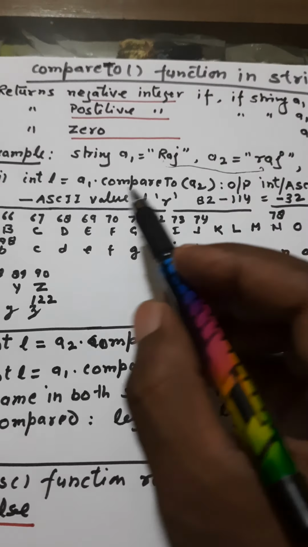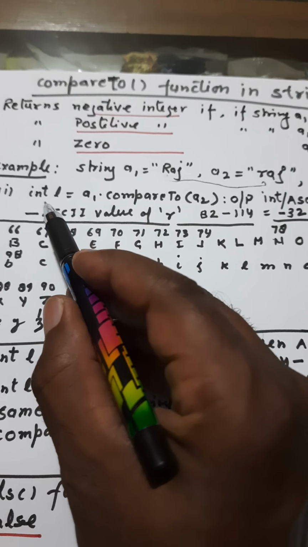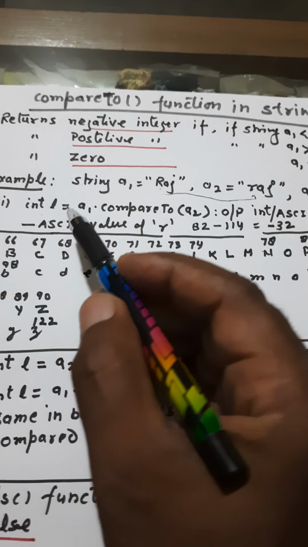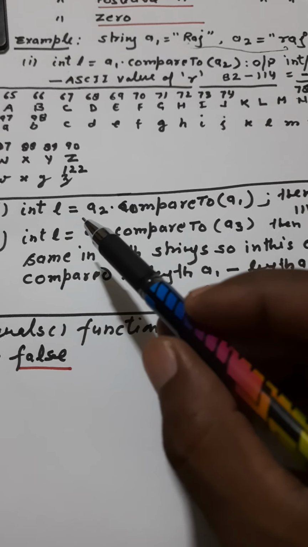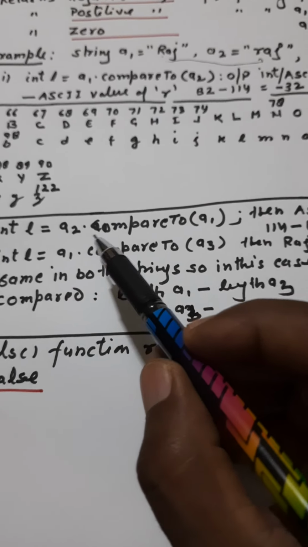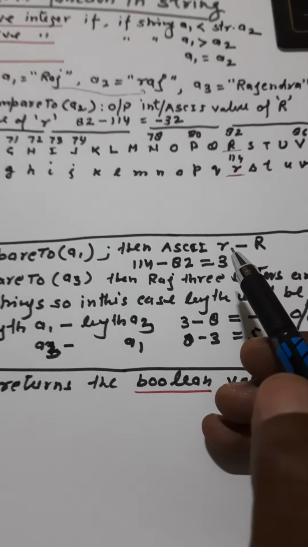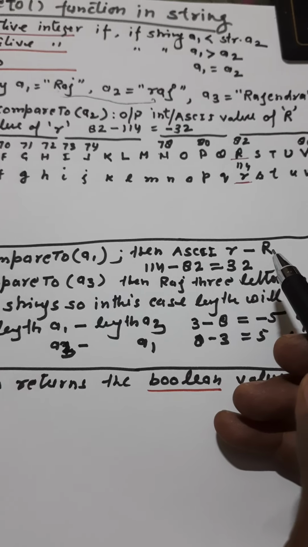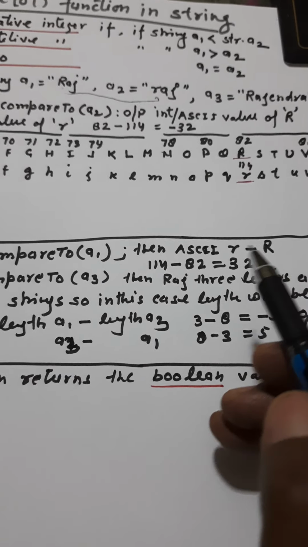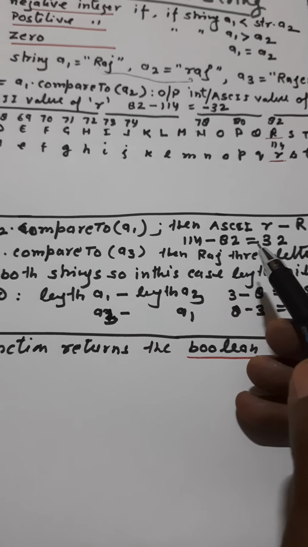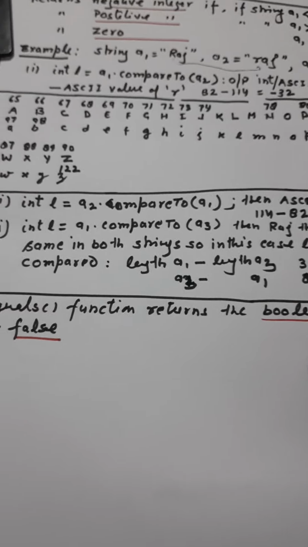So what will be stored in this int l? Minus 32 will be stored. Now I am taking another example. int l is equal to a2.compareTo(a1). Then it is the ASCII value of small r minus the ASCII value of capital R. So 114 minus 82, the answer will be 32.